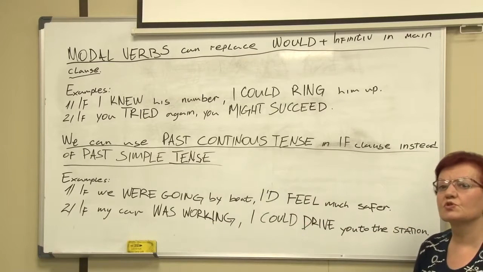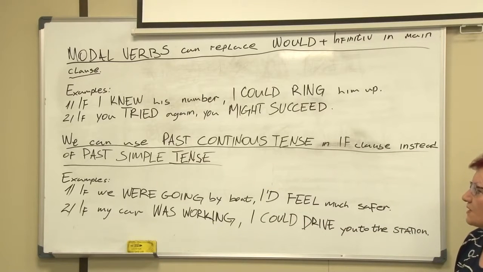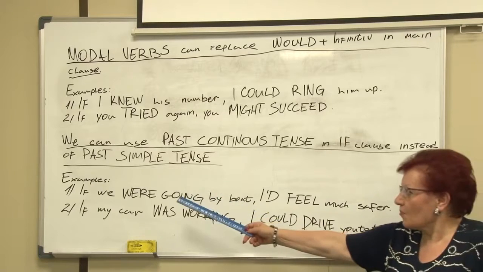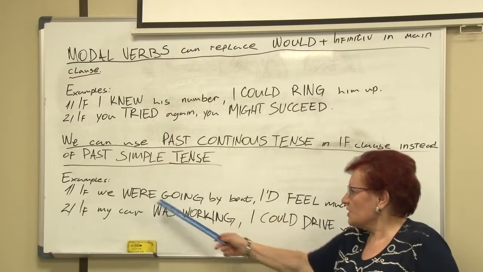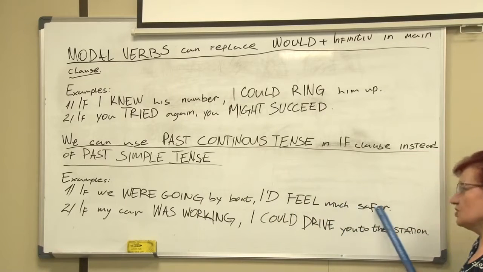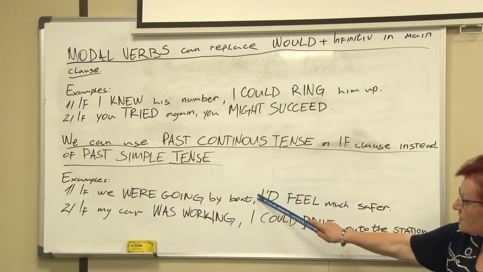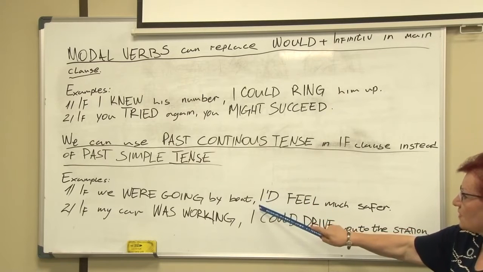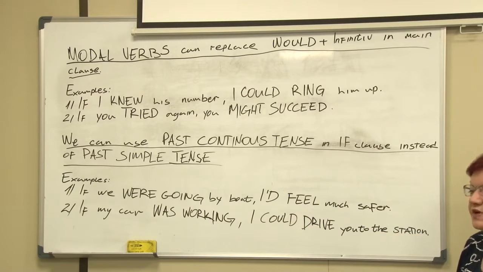One more possibility is that we can use past continuous in the if clause instead of past simple tense, and here are the examples. If we were going by boat, I would feel much safer. Here it is interesting that the contraction is very frequent in the English language, in order to make it easier.